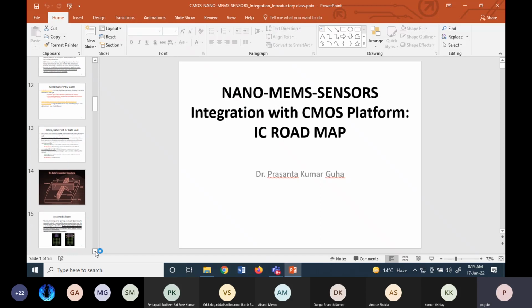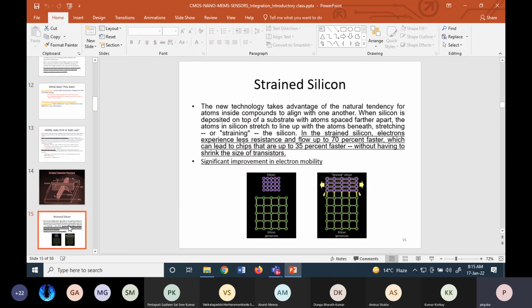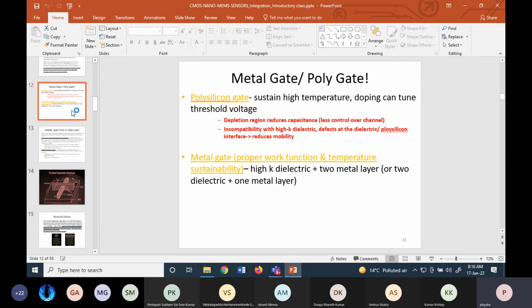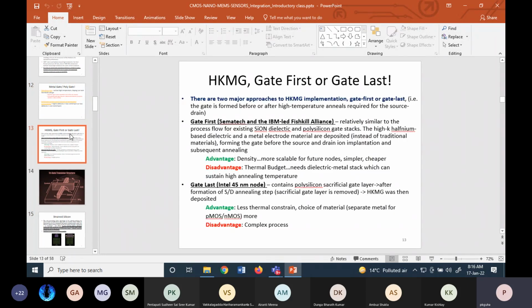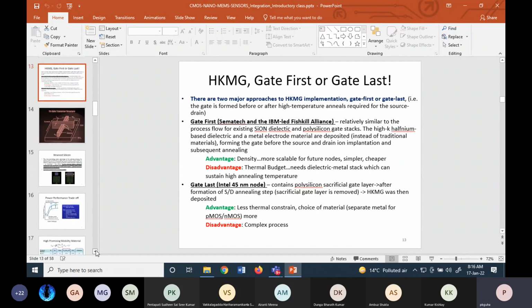We have discussed strained silicon. We have also discussed metal gate versus poly gate, which gate we should use, or which gate has been used by industry nowadays in this short channel MOSFET.